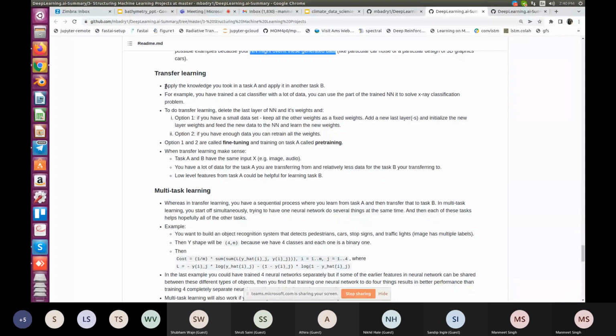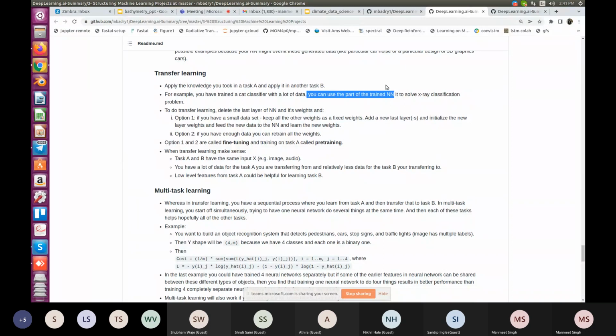So in transfer learning, you apply the knowledge you took in task A and apply it to another task B. For example, if you have trained a cat classifier with a lot of data, you can use part of the trained neural network to solve the X-ray classification problem.